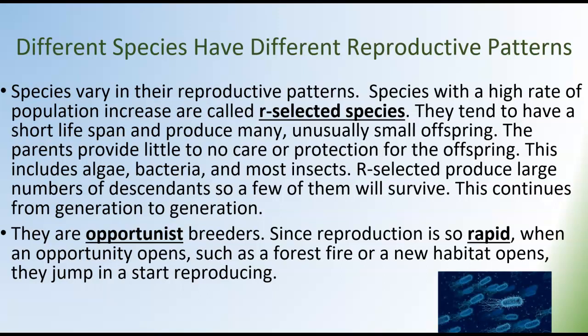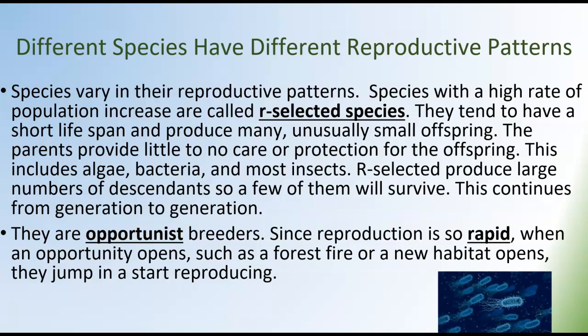For those organisms, it's good to produce lots of offspring, because natural selection is going to work very quickly on those offspring as well. These R-selected species are opportunist breeders, which basically means they reproduce rapidly when an opportunity opens up.